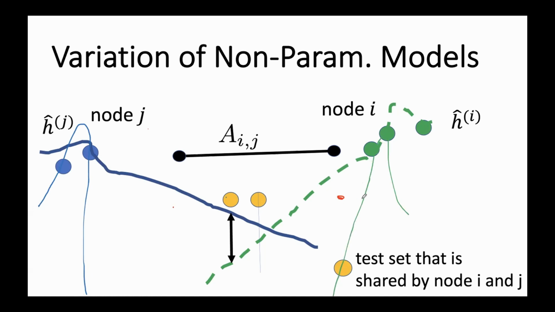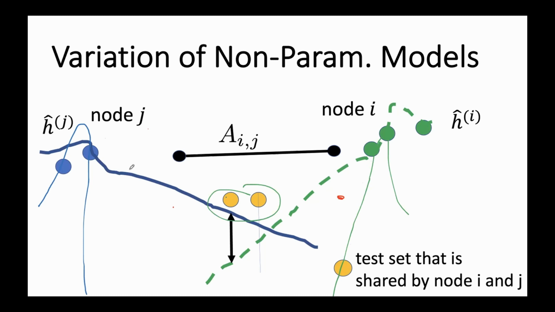And we might spot or avoid such cases by forcing the green and the blue one to agree on the test set. It might also happen, if we have bad luck, that they agree on the test set but are still wrong outside the local data sets.